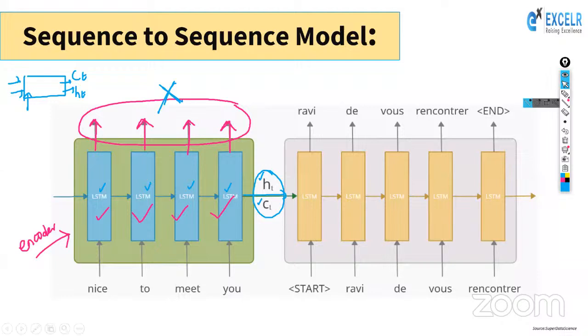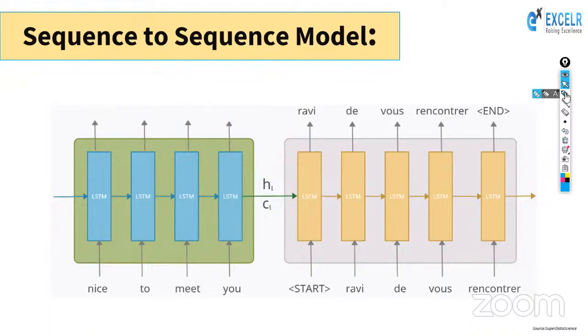Okay, cool, guys. So this is the top view of how the encoder will generate the output and how it will do the processing. Now, whatever output is being generated from this encoder, I mean the hidden state and cell state output, that is the input to the decoder. Now let's understand, guys.